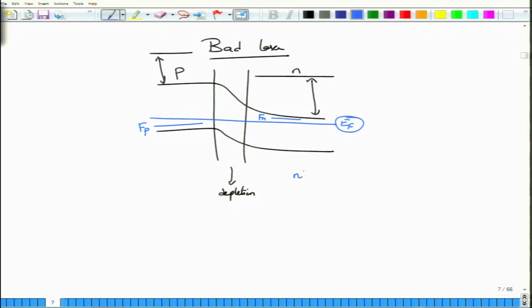And you have to dope both sides heavily, with large amounts of hole and electron generating acceptor and donor atoms, so that this Fp, which is an abstract quantity, can be brought inside the valence band in the P region, and this Fn can be brought into the conduction band. This is a very important thing for lasers to have.